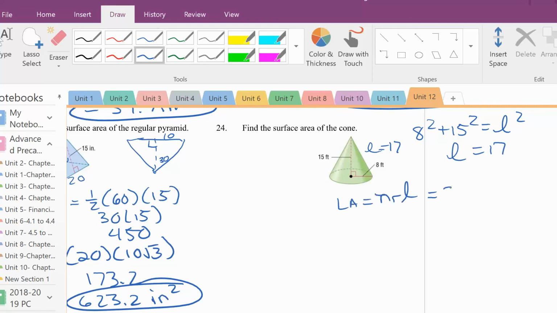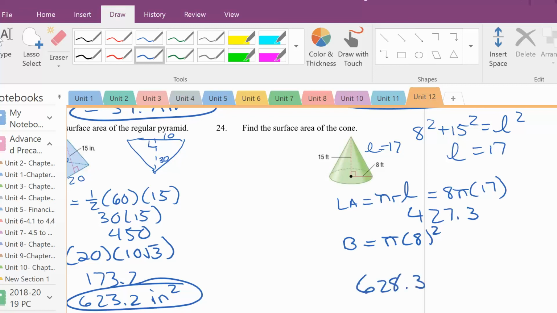So it's equal to 8 pi times 17, which is 427.3. The area of the base is pi r squared. So it's plus 64 pi. Which gives you a total area of 628.3 square feet.